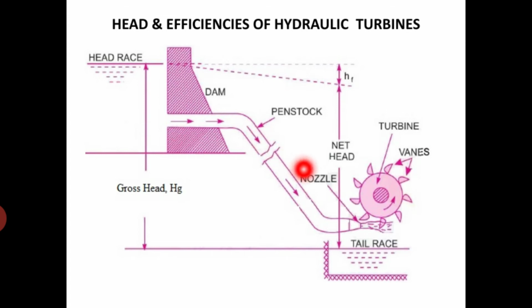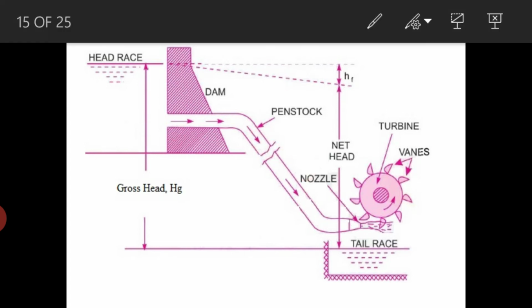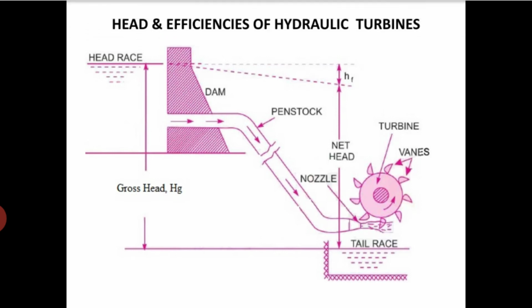These pipes are known as penstocks, and turbines are the key elements of a hydroelectric power plant for converting the hydraulic energy into mechanical energy.